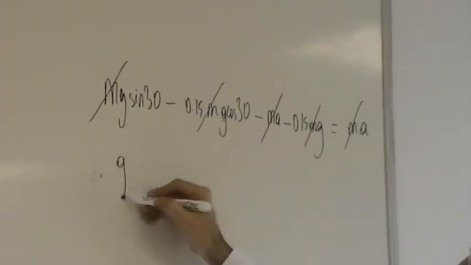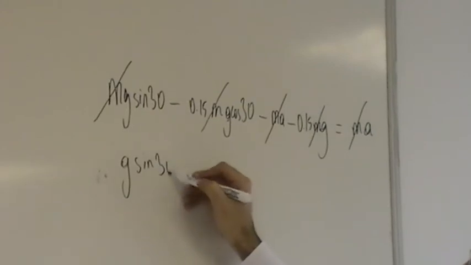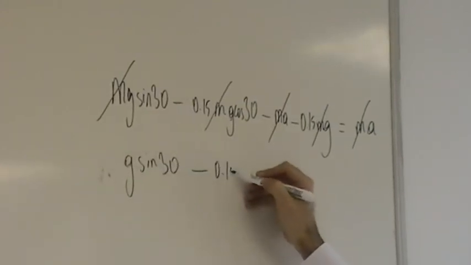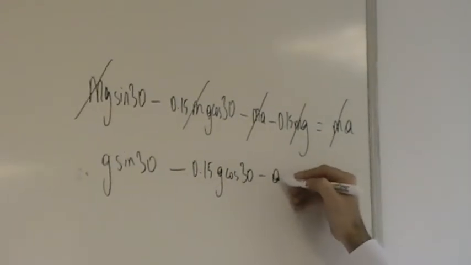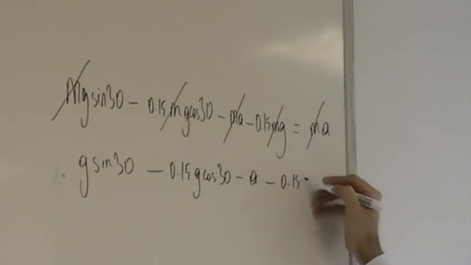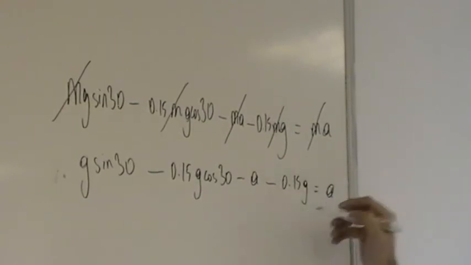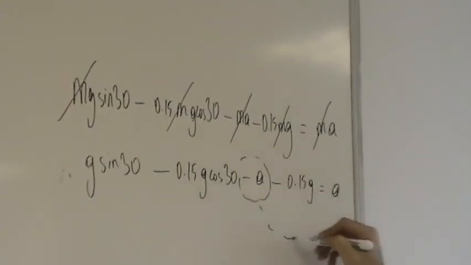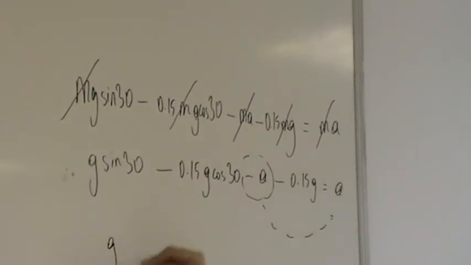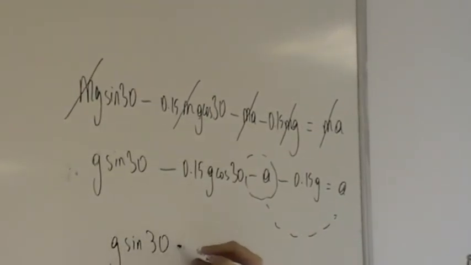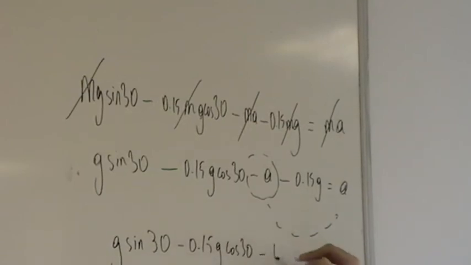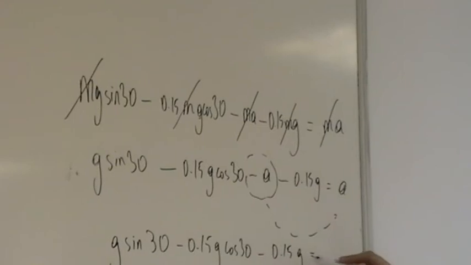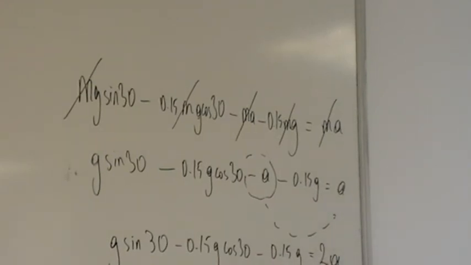So this equation will become g sine 30 minus 0.15 g cosine of 30 plus acceleration plus 0.15 g is equal to acceleration. I will take acceleration on the other side, and that is going to give you g sine 30 minus 0.15 g cosine of 30 plus 0.15 g is equal to 2a. So let's solve this for a and get the acceleration value.